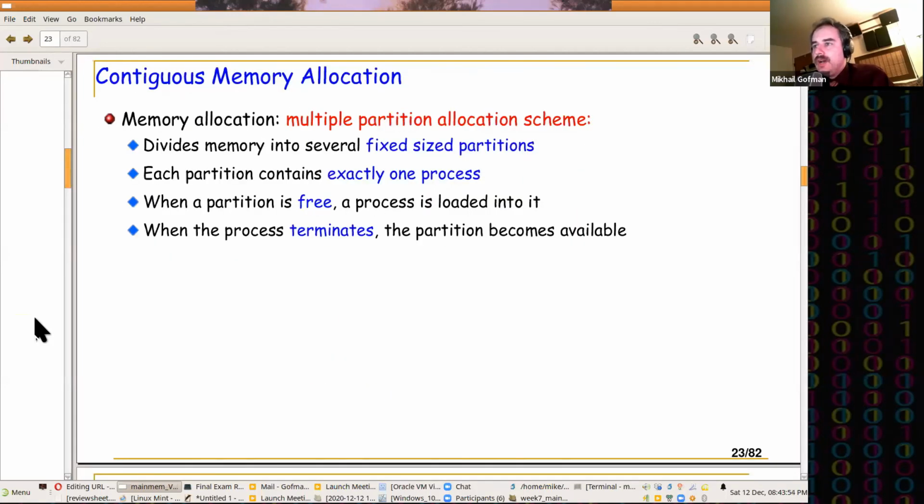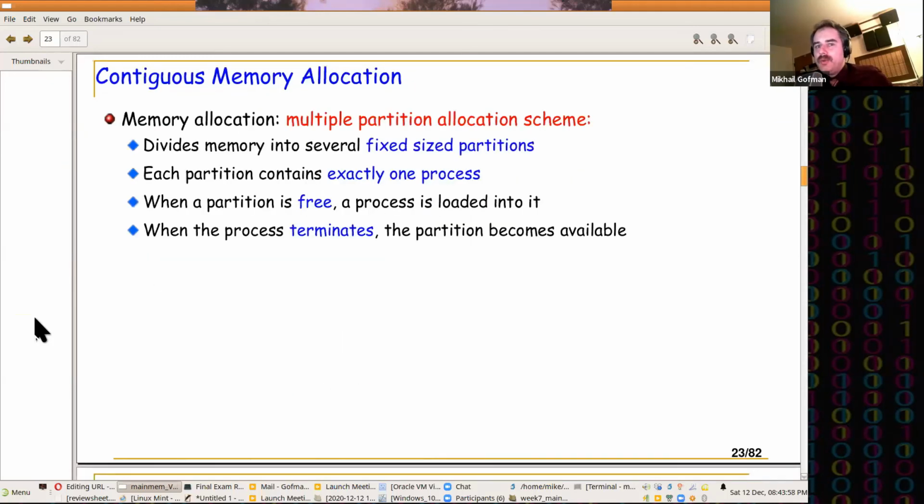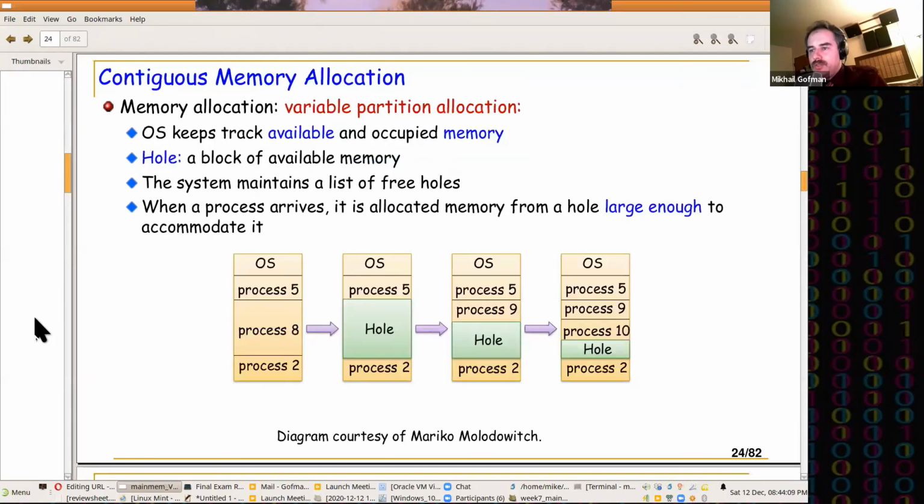Okay, so first, let's take a look at the multiple partition allocation scheme. This is the variable partition. Like we talked about in class, here is my memory, and my memory is full of processes.